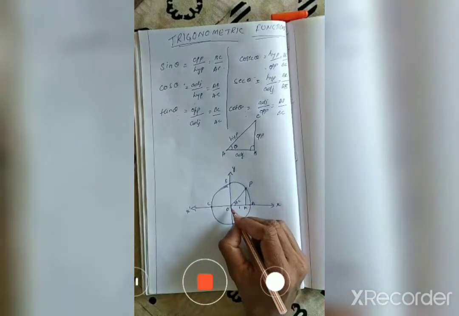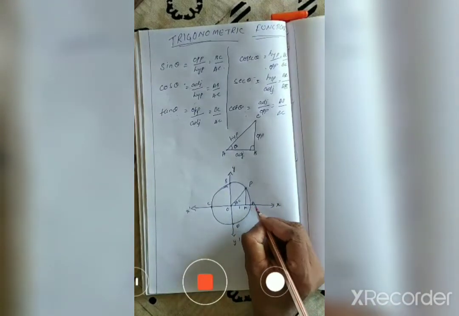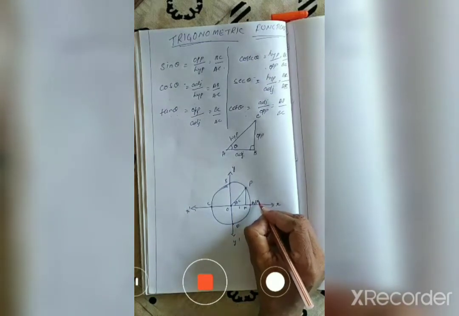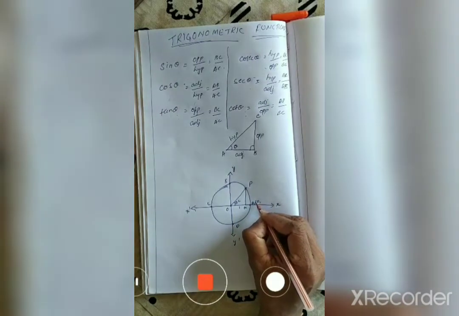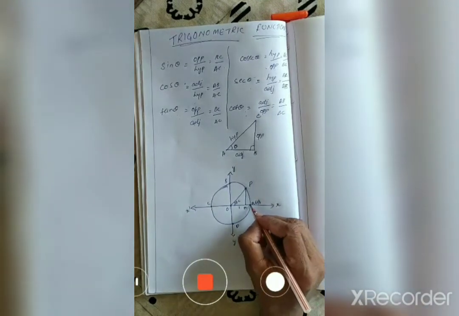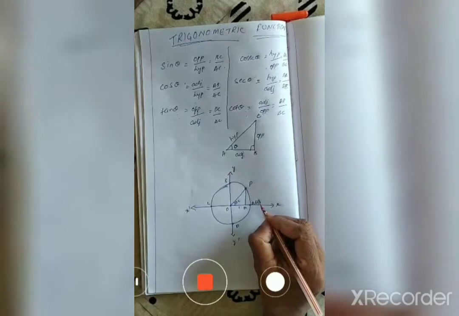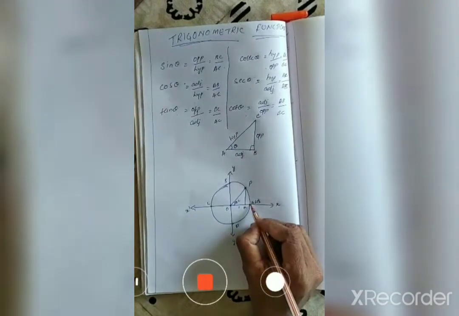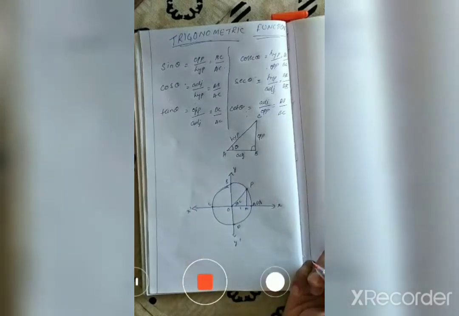Now, this distance is 1 unit and the point A lies on the x-axis, so its y coordinate is 0 and it is at a distance of 1 unit from the origin, so A is (1, 0).